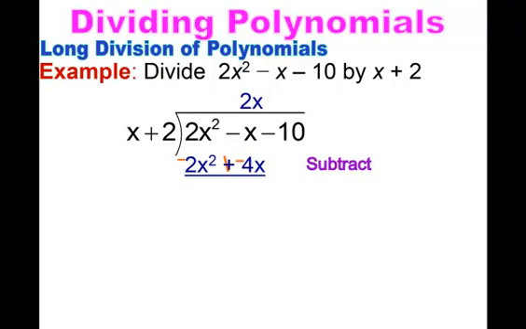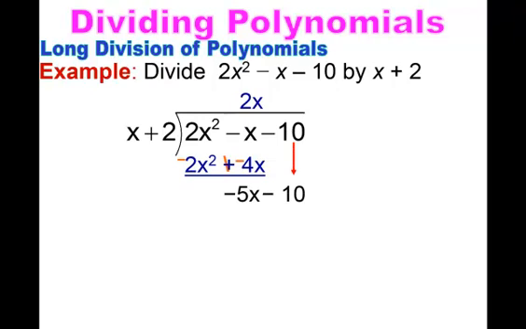Because we're subtracting, you have to change the signs of everything. And then the first piece is going to cancel out, 2x squared minus 2x squared, and then the next piece you'll simply combine like terms here. You have a negative x, which is really a -1x, minus 2x will give you a -3x.